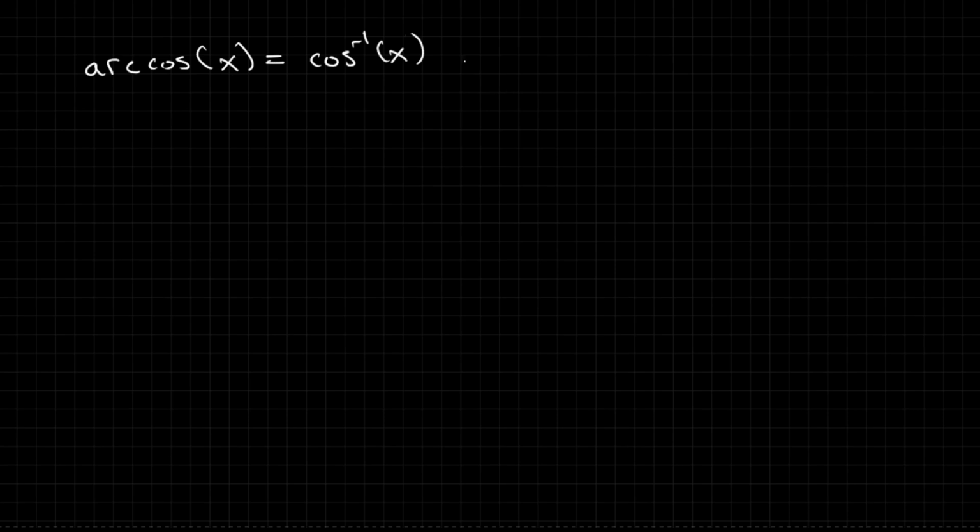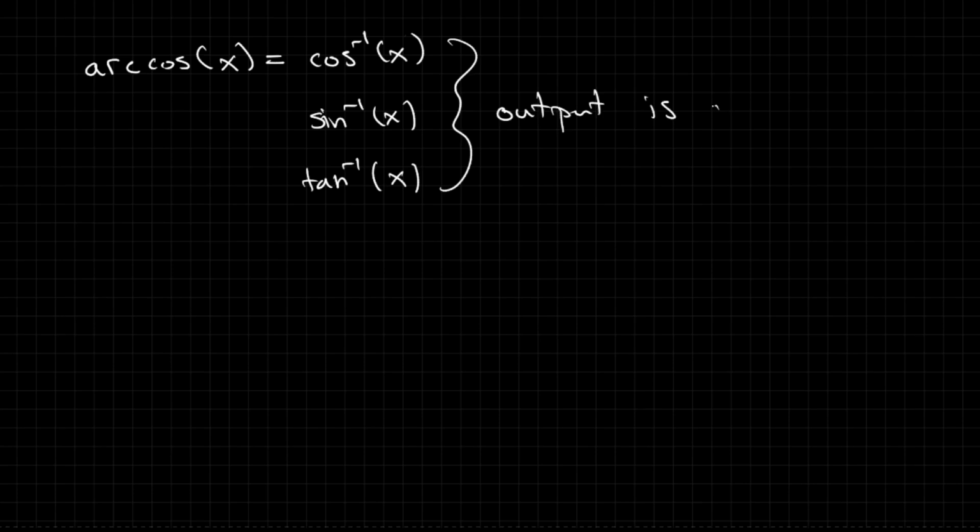Also, it's useful to keep in mind that whenever you do cosine inverse or sine inverse or tan inverse of something, remember the output for all of these is an angle. It is very useful to keep this in mind as you go through various problems.